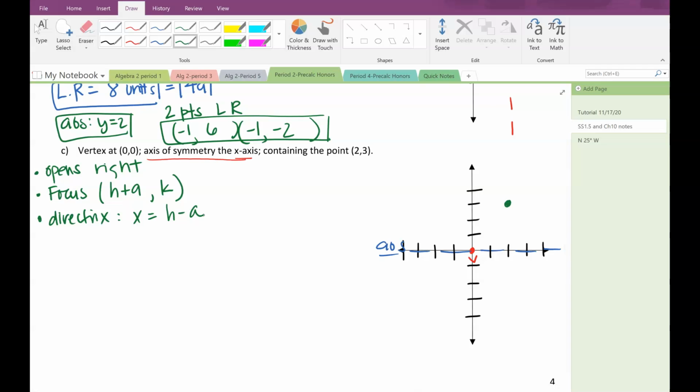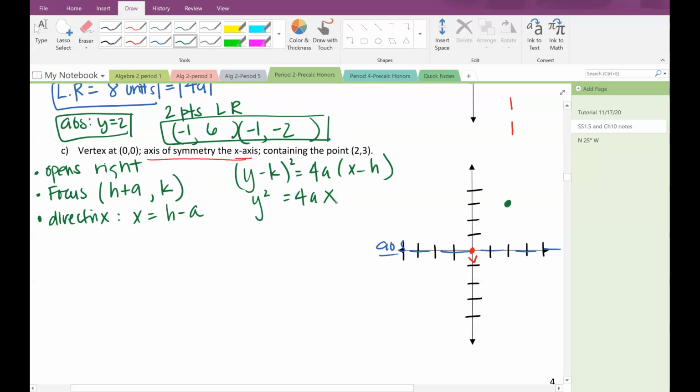All right, so let's write down the equation. We know it opens right, so let's write down the formula first. H and k are both 0, so this is y squared equals 4 times a times x. Well, let's find a.